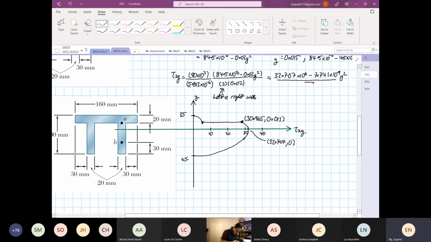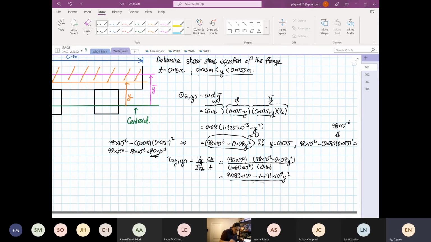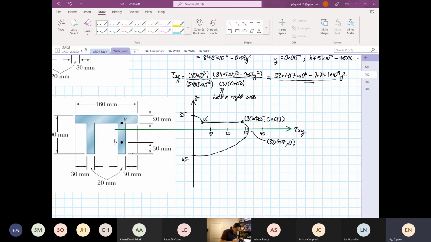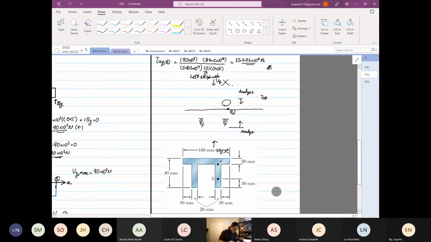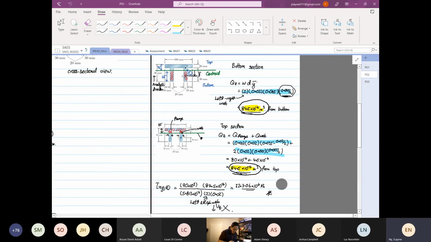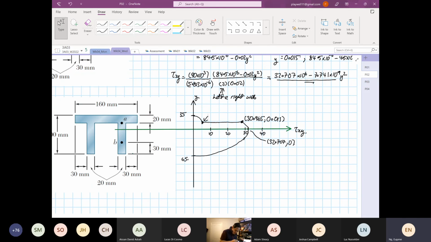And then this point, did we calculate it? I think we did, because it is the lower value one. So down here is our lower value. Maybe not. Okay, maybe not.